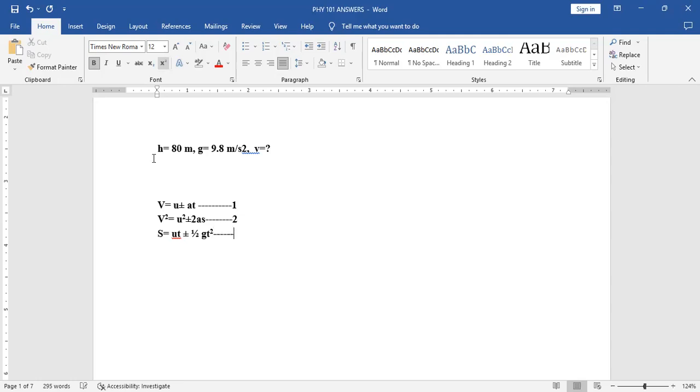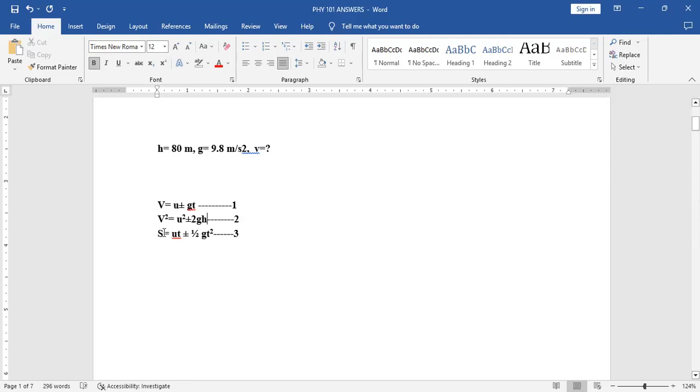So this is velocity v equals initial velocity u plus or minus at. In this case, the a here becomes g, that's acceleration due to gravity, and the s here becomes height.